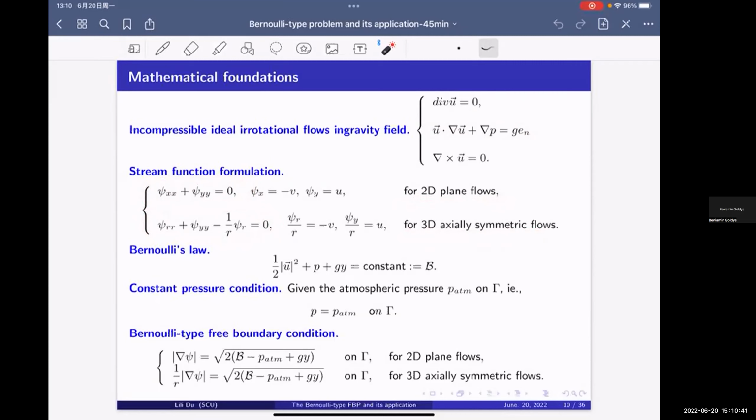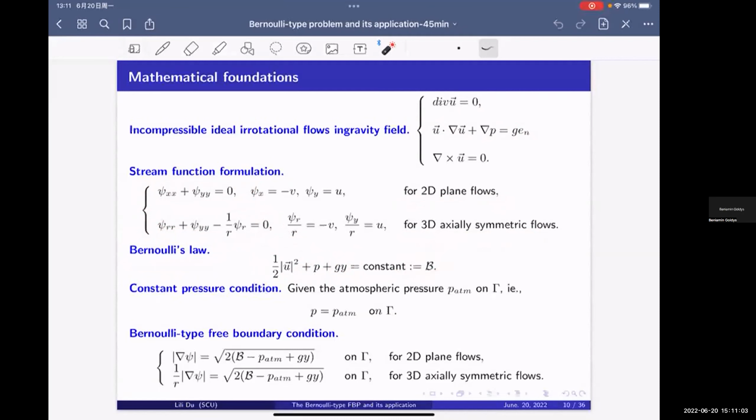Moreover, we can obtain Bernoulli's law for the 2D case as follows: half of the square of the speed plus the pressure plus gy equals some constant denoted as B, the so-called Bernoulli constant.